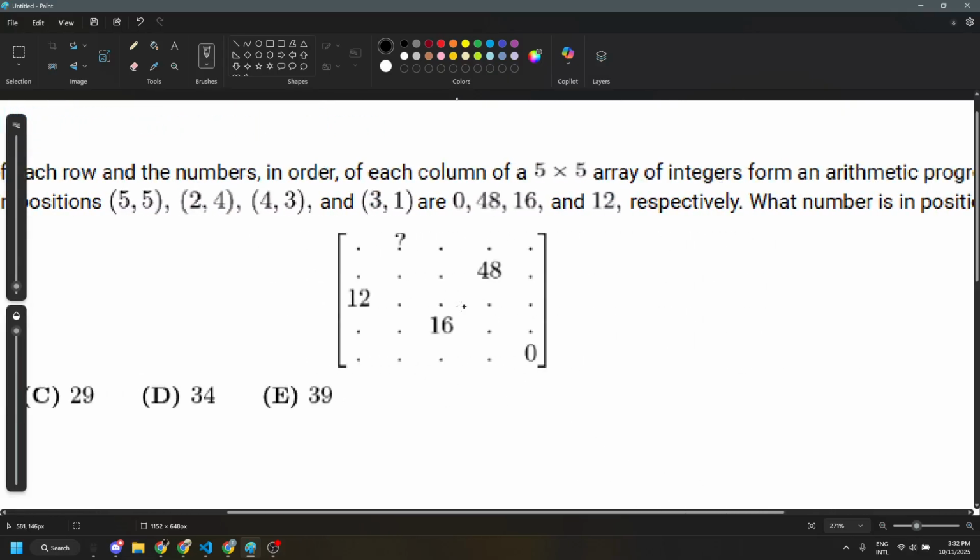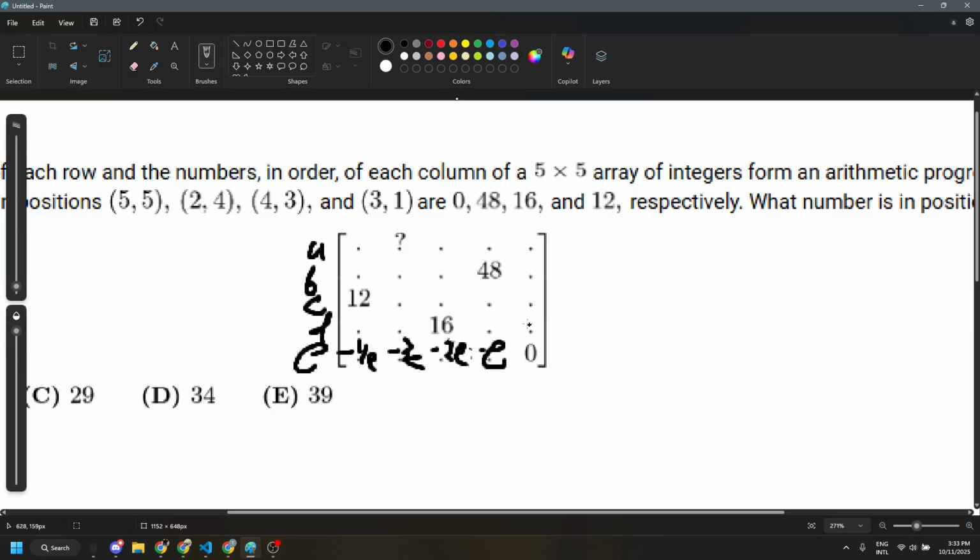Okay. So we know here that this is 0 minus k. Let's say this will be a, b, c, this will be c, this will be d, this will be e. This is minus e. This is minus 2e. This is minus 3e. And this is minus 4e. Here, minus 2e.